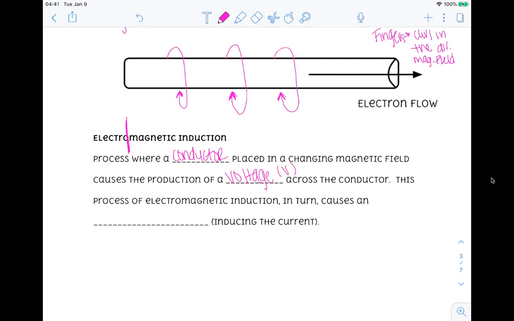This process of electromagnetic induction in turn causes an electrical current, or a flow of your charge, which is our I, inducing that current. So we have a magnetic field, and a conductor that when placed in your magnetic field, you're able to create a charge without actually having any type of electricity. You're making it from just a magnetic field.